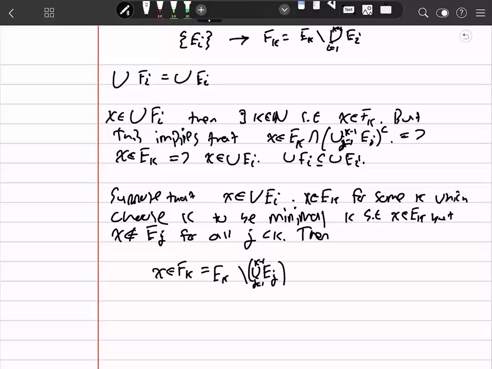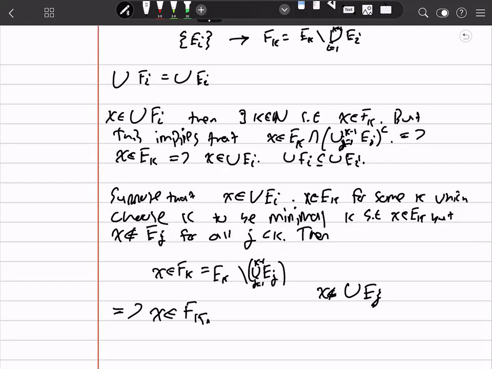We know that x is in e sub k, but we also know that it's not in any set before e sub k. So x is not in the union of the e sub j's, and of course that implies that x is in f sub k. So that's good.